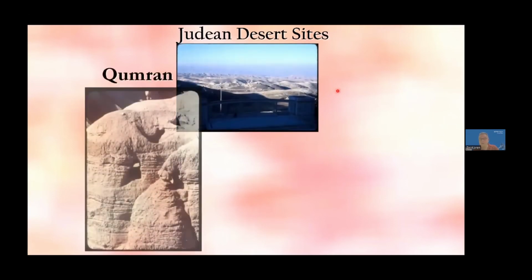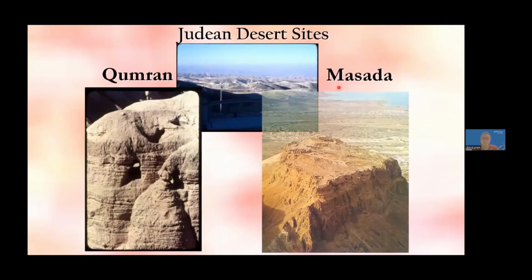Some of you may have actually climbed it. Don't do it in the heat of the summer, but it's an amazing Herodian complex without going too much about it. The Qumran, the Dead Sea Scrolls, of course, in the Judean desert sites. Of course, organic materials survive in deserts like the Judean Desert and other deserts in Saudi Arabia and beyond.